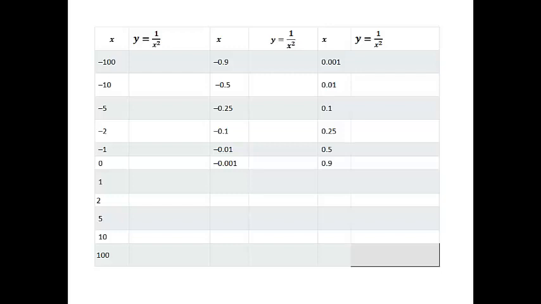If we divide 1 by negative 100 squared, we get 0.0001.